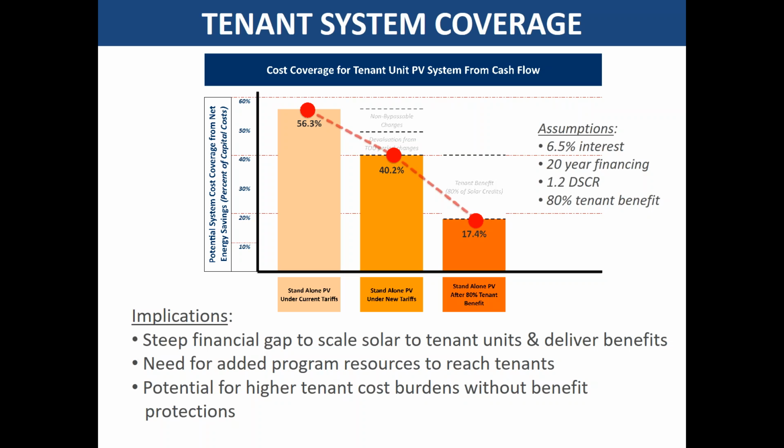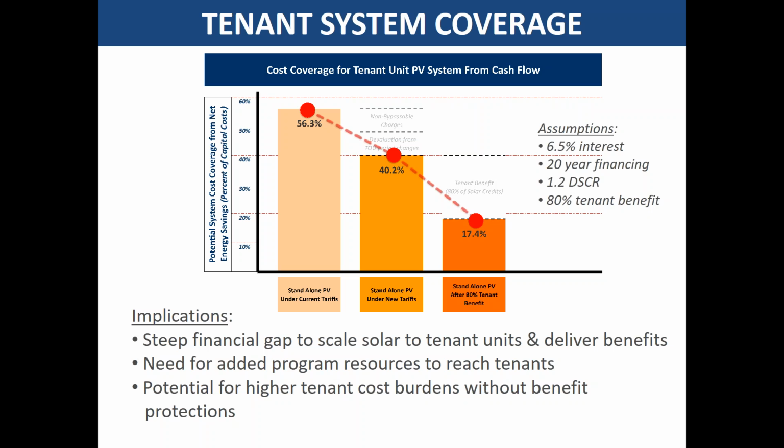However, for tenants, there are other issues in play that alter this picture somewhat. And what I mean by that, first and foremost, is really the matter of tenant benefits. With respect to the California programs, there's a requirement that tenants economically benefit from the solar installations that would be made on multifamily affordable housing properties.